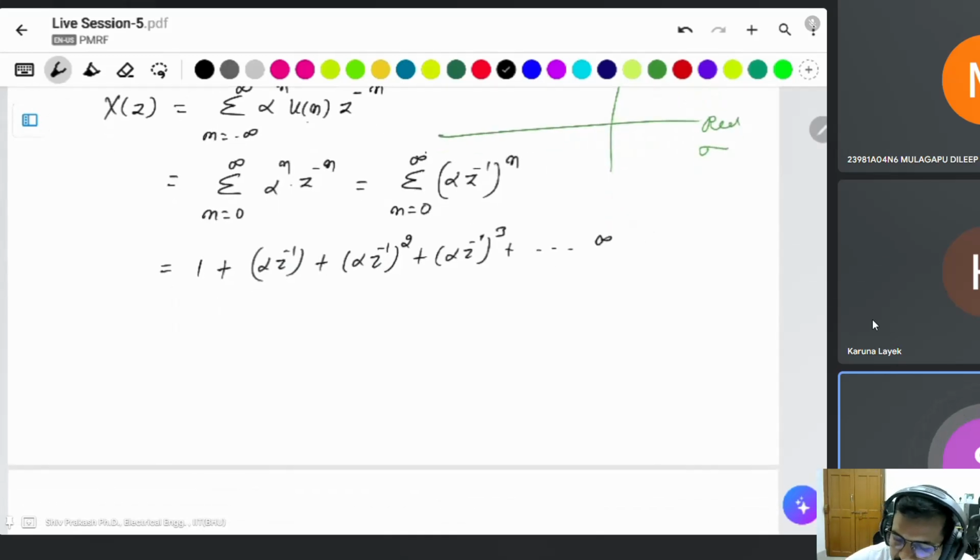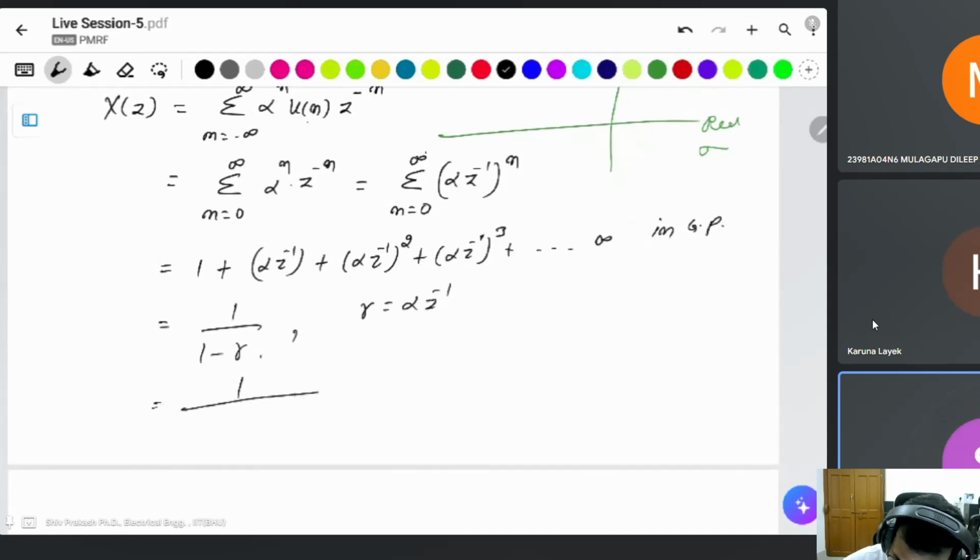Then this is also an infinite GP series. The sum of this one is 1 divided by 1 minus r, where r is the common ratio. Then the common ratio is alpha into z inverse. Then this will be 1 divided by 1 minus alpha z inverse.